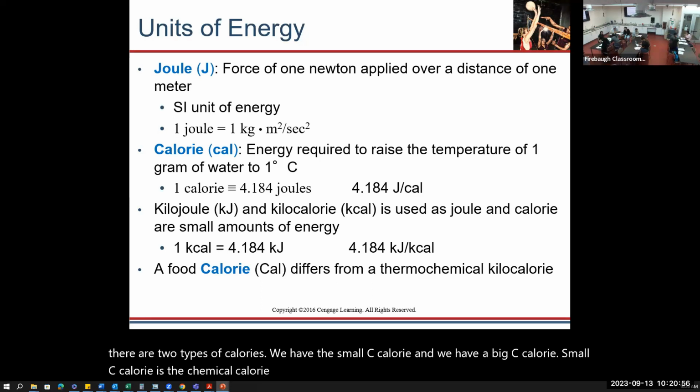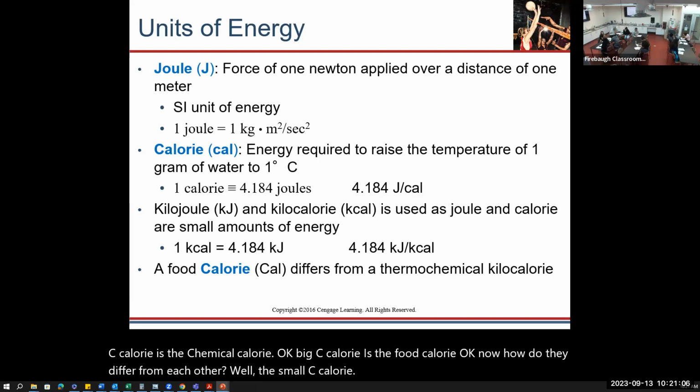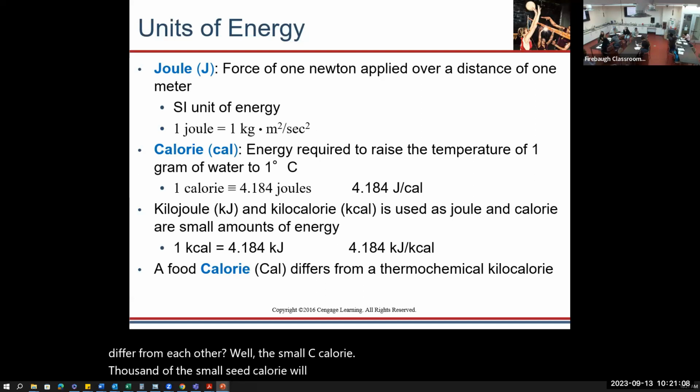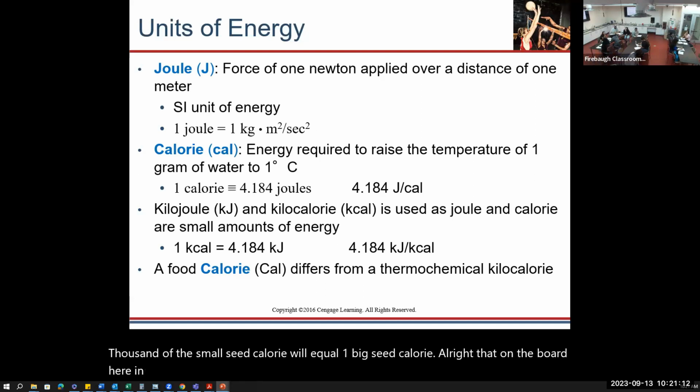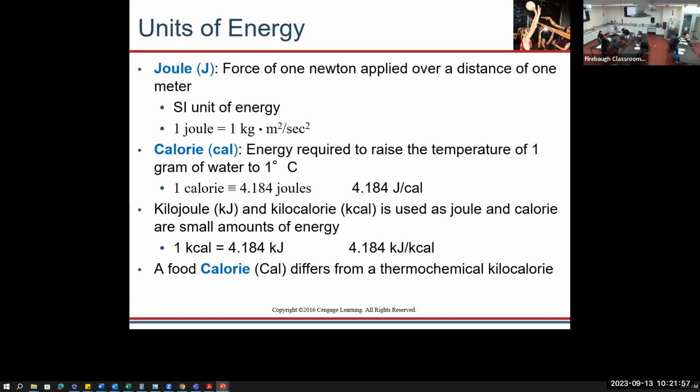Big C calorie is the food calorie, okay? Now, how do they differ from each other? Well, 1,000 of the small c calorie will equal 1 big C calorie. I'll write that on the board here in a minute. I'll show everybody here in a second too.